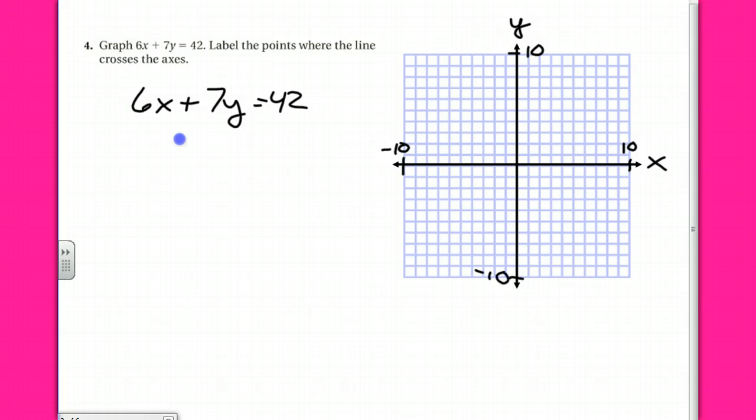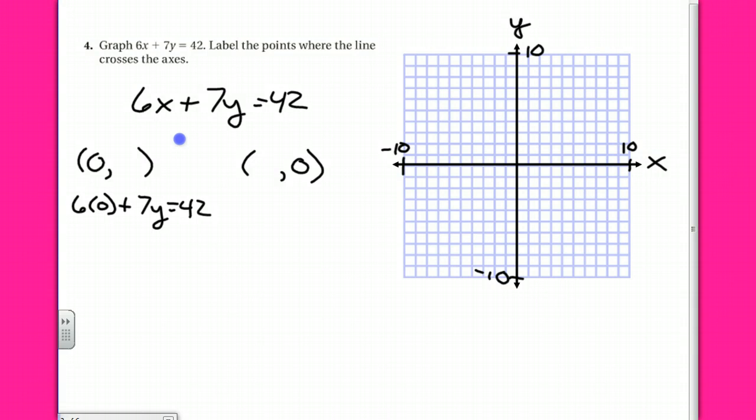Okay, so once again, we're going to plug in 0, find the y-intercept. We'll plug in 0 for the y and find the x-intercept. So again, this is in the x position, so I'm going to write 6 times 0 plus 7y equals 42 over here, which means 7y equals 42. And Bailey, what's the operation we need to find y here?